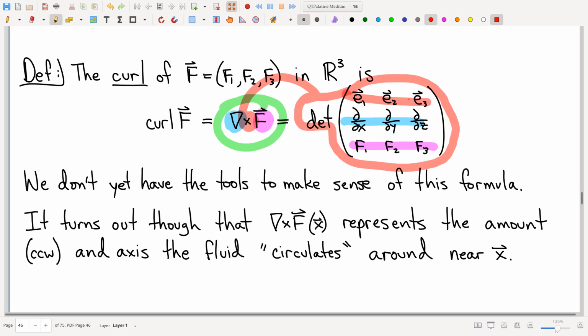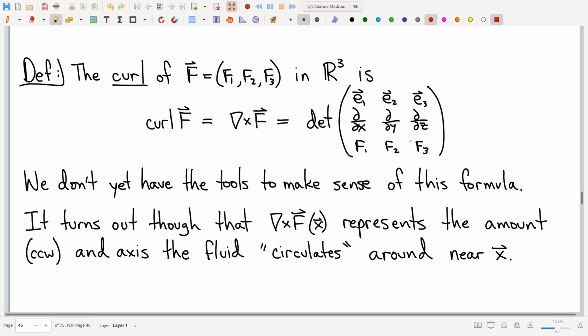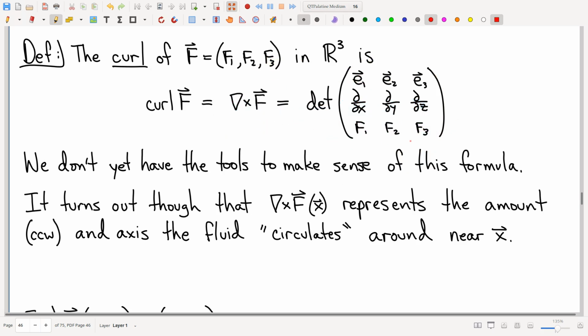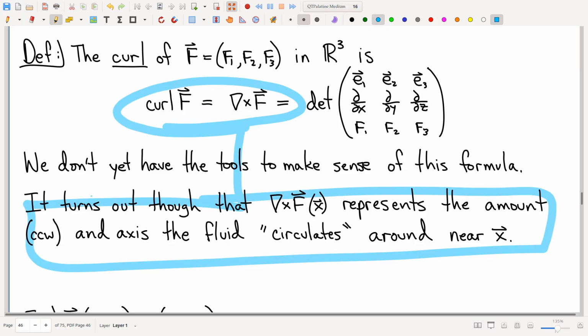So, old news. Okay, again, why do we care? Why would we write down this oddball construction? Again, I'm just going to make a claim: what curl represents is, in this case, not a flow outward, but, I have to be sloppy about this, a fluid that's circulating.